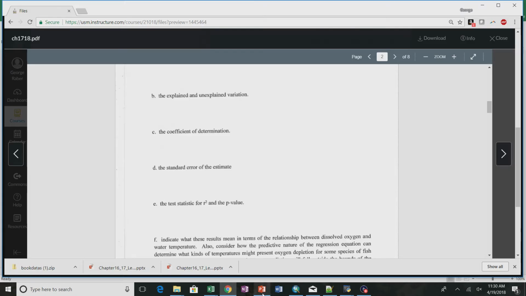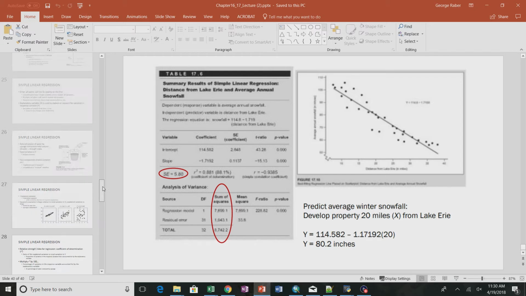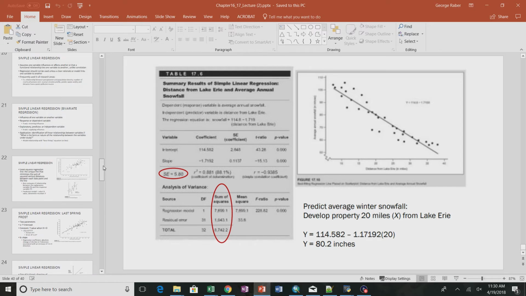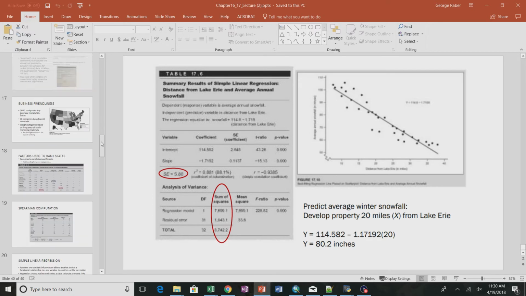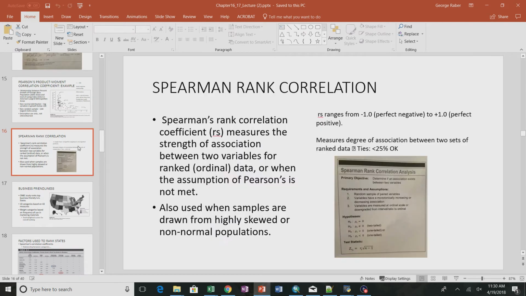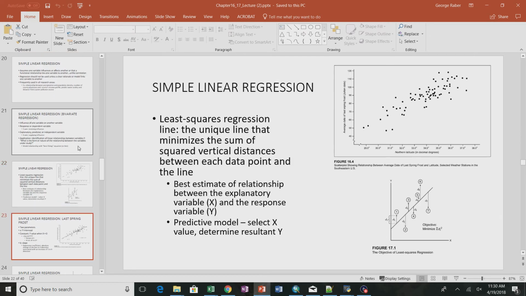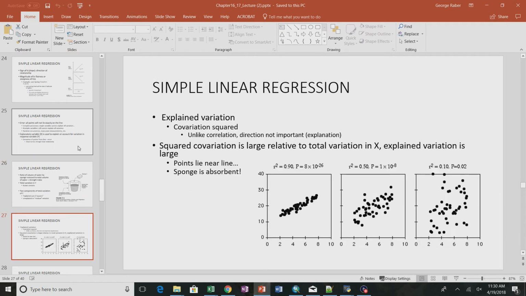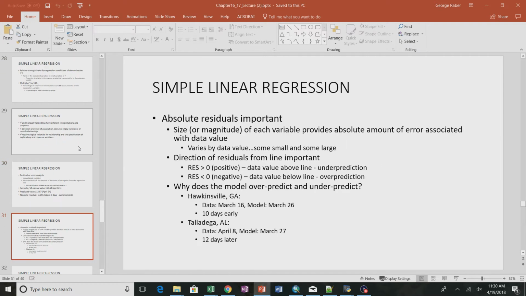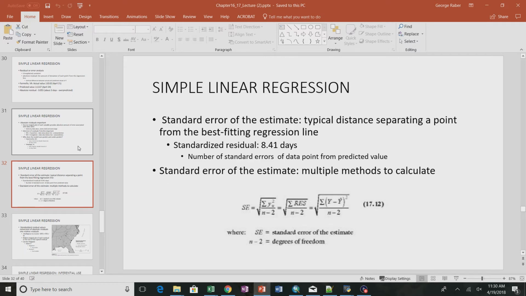It's from this slide right here. Let's see if it's on the table anywhere. We calculated the standard error on this slide right here, the standard error of the estimate. Okay, so it's the sum of all of the residuals squared divided by n minus 2. Let's see if it's there.